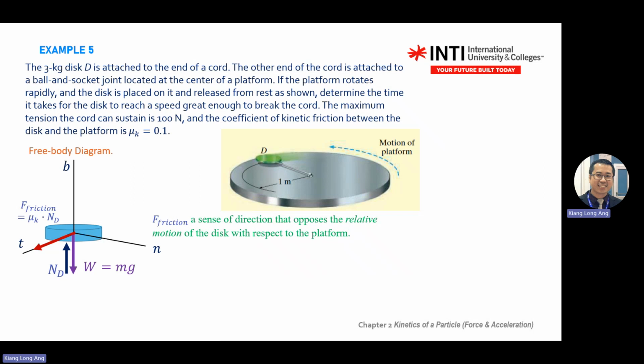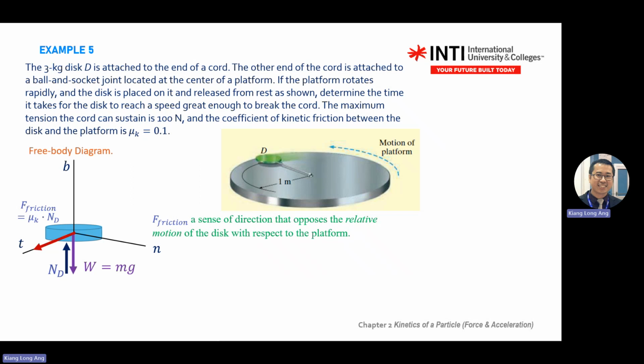So if your friction from the platform is going in here, then the green one will be the opposite. The two forces must be balanced because of the two contact surfaces.